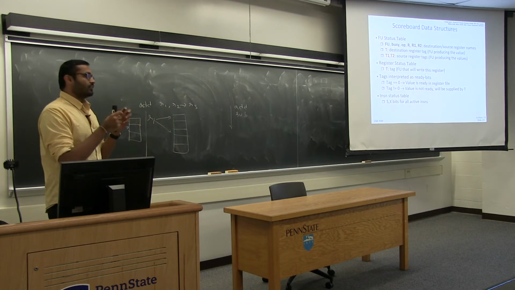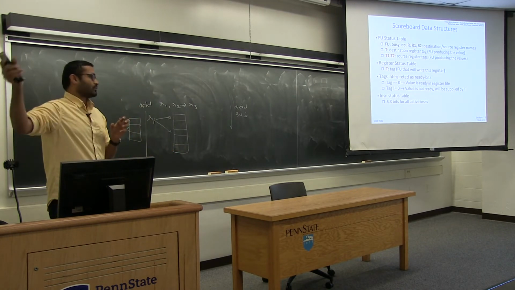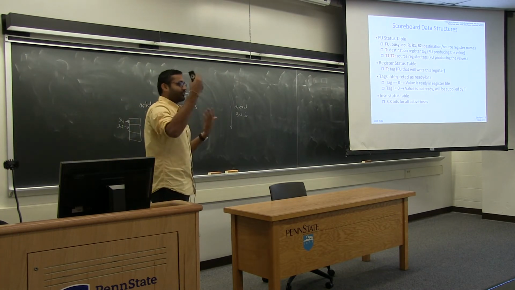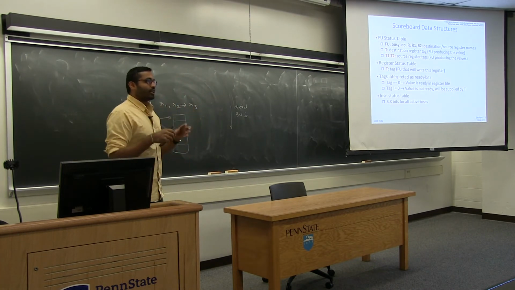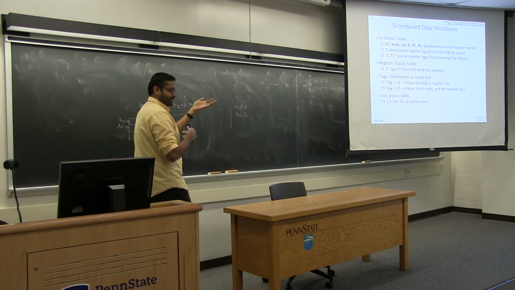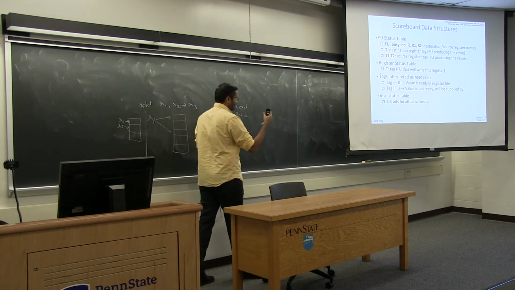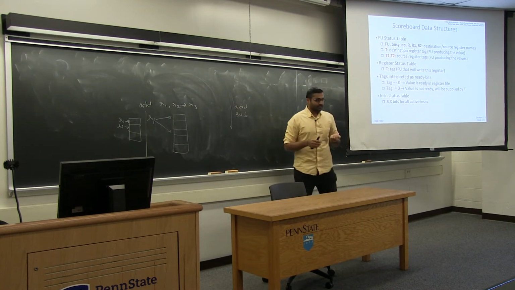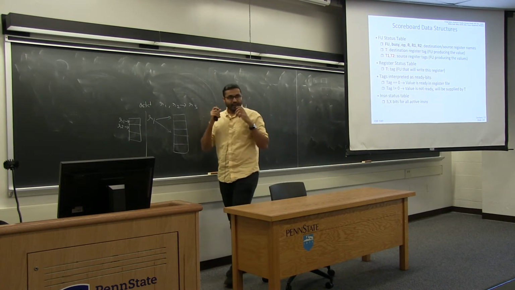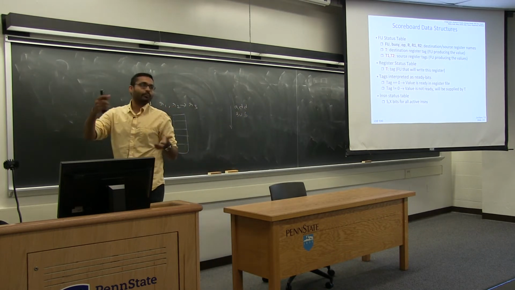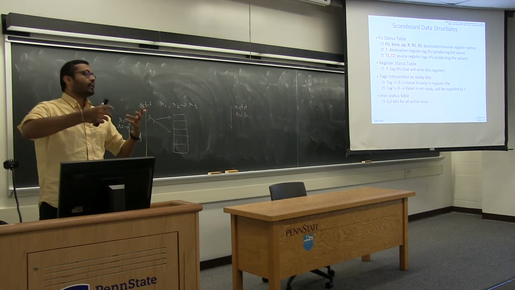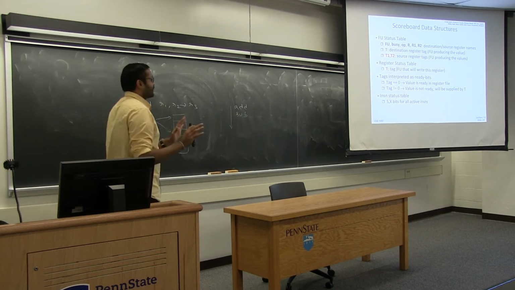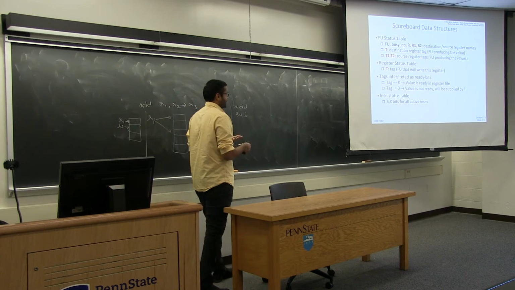Then we have to maintain this information that we are going to get the value from somebody else, so that we can wait until that operation is complete and then get the value. So in order to do that, we have this special tag field, and that will make sense once we go over the example. And then we also have a tag for the destination register. So we have to maintain this tag so that if there are any dependent instructions later, we can go ahead and give them the value at a later point, right? So it seems a little fuzzy now, but trust me, all of this will make sense in a few slides.